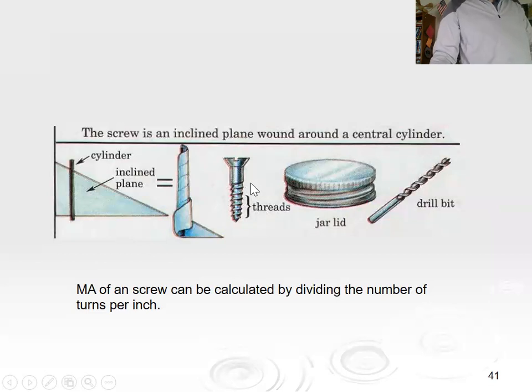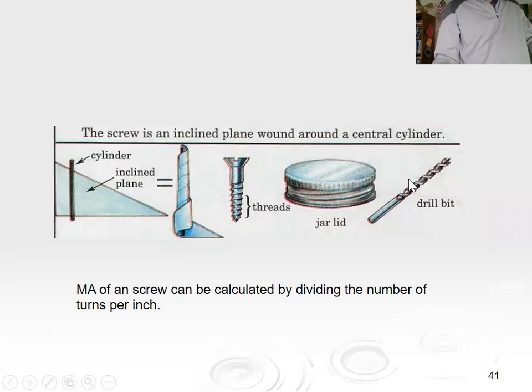So let's say that's an inch, and this one has a lot more. This has how many? 1, 2, 3, 4, 5, 6, 7, 8 turns. You see that? How many turns does the jar lid have? 1, 2. So which one has more turns? The screw would.